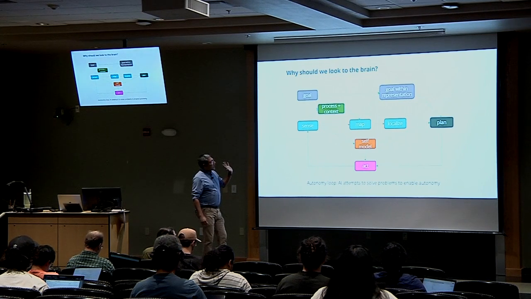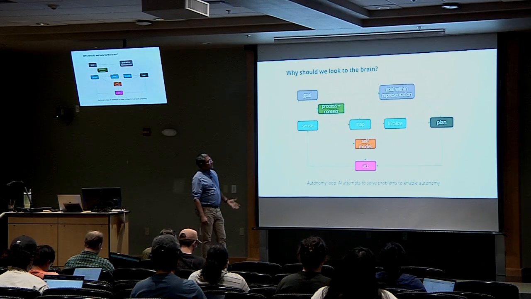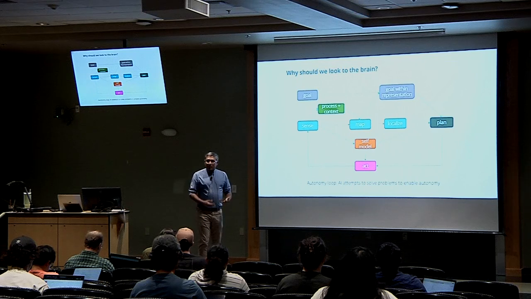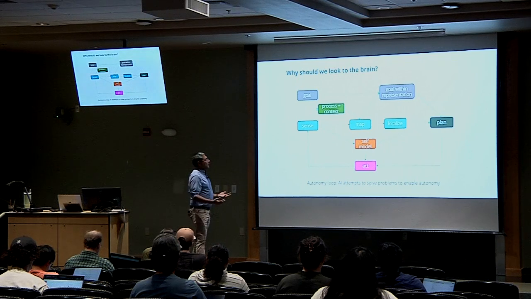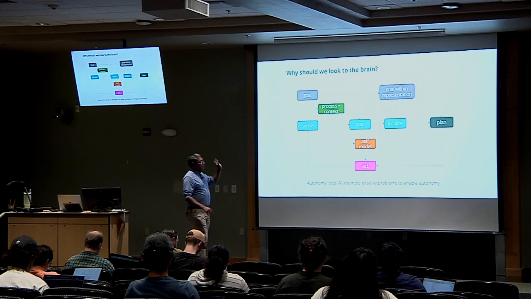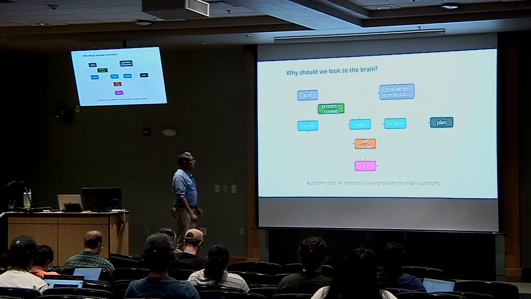And I've tried to capture this class of problems that we would like to use AI to solve in what we call the autonomy loop. If you had an autonomous system navigating its way through the world we live in, an environment, there are various problems that need to be solved that AI could really benefit.